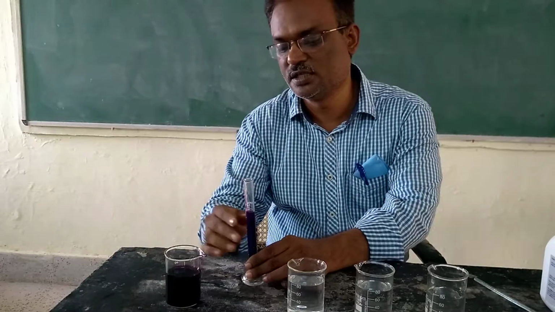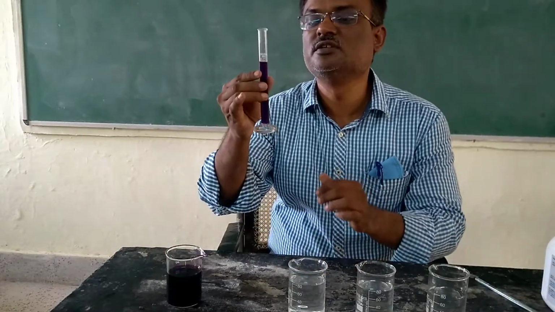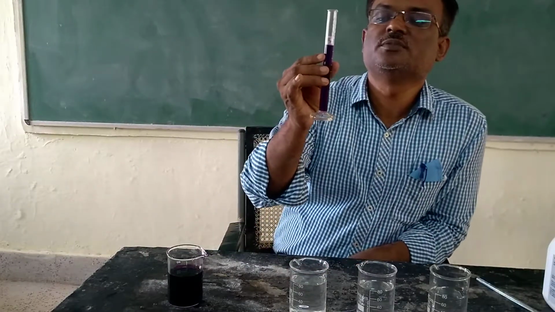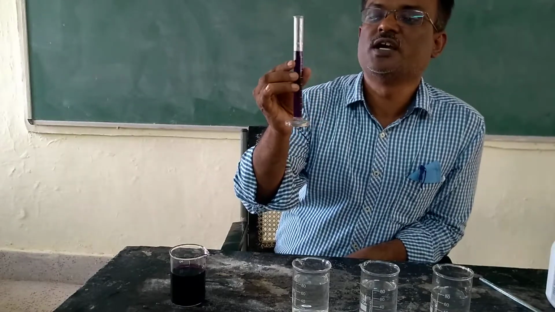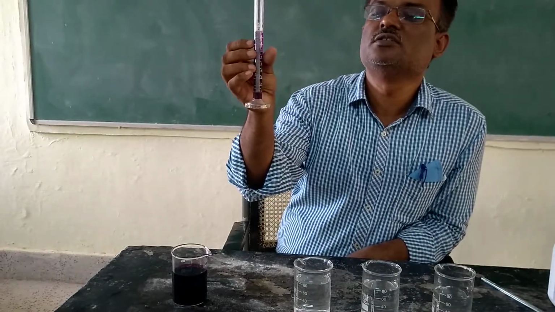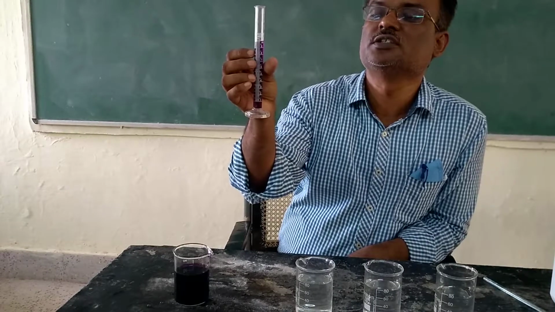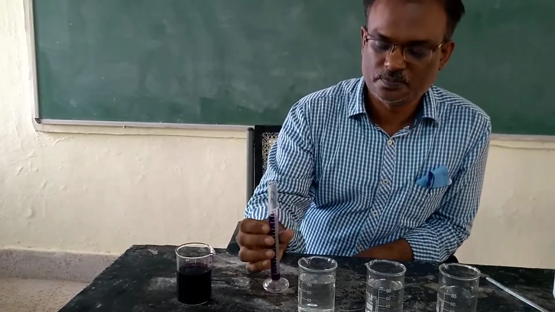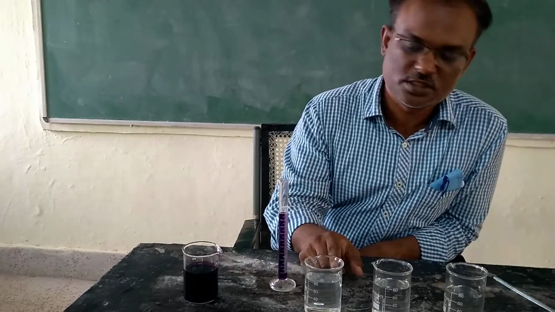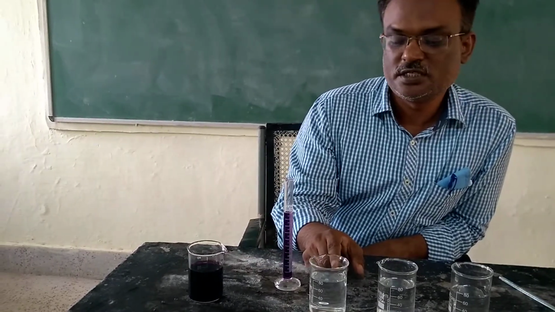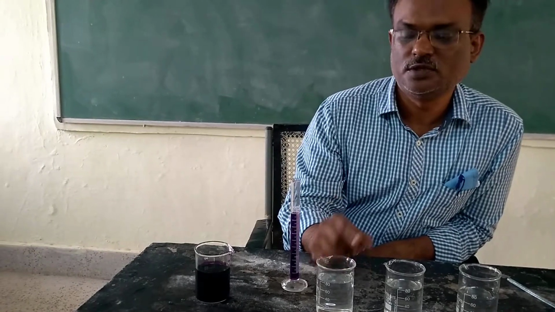In the case of a colored solution, we have to see the upper meniscus while measuring. Now I will add the solution into the next beaker, which contains exactly the same amount of water.